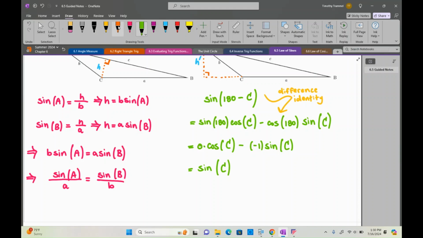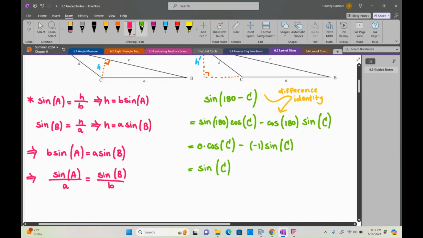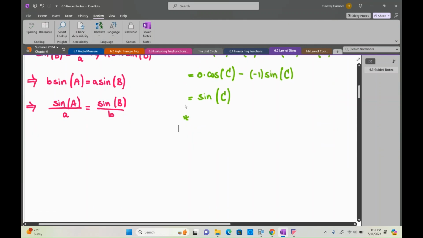Actually, before I do that, I want to just star some of this, that way we don't mix up the steps here. And so our next step is going to be to look at two things: again, sine of big C, and sine of big B.